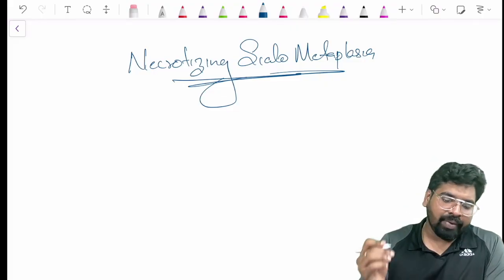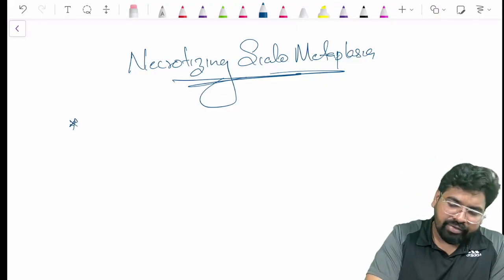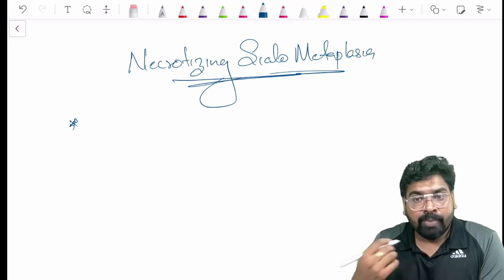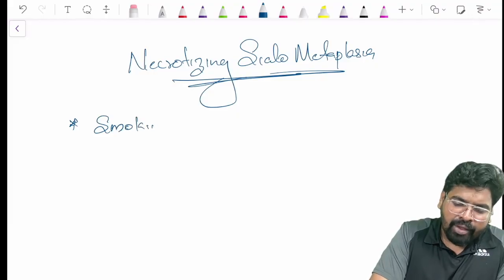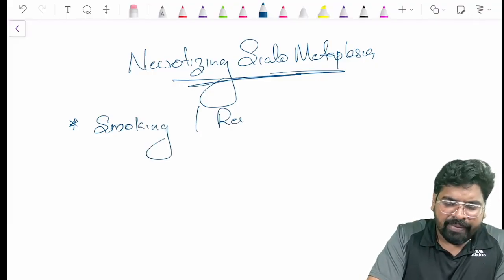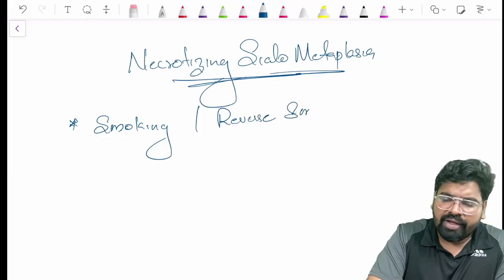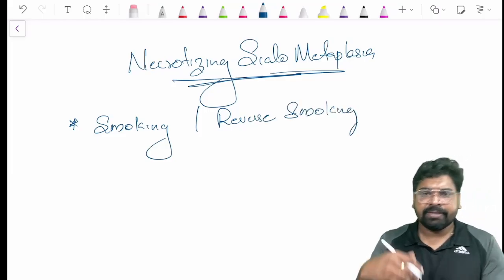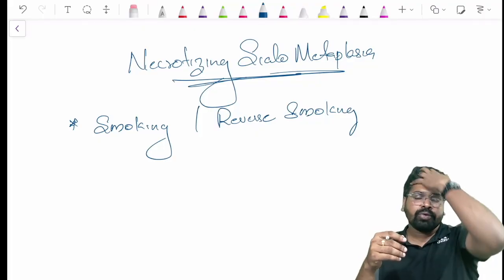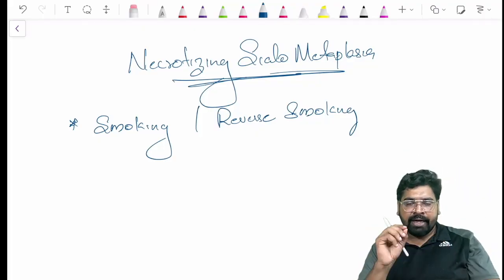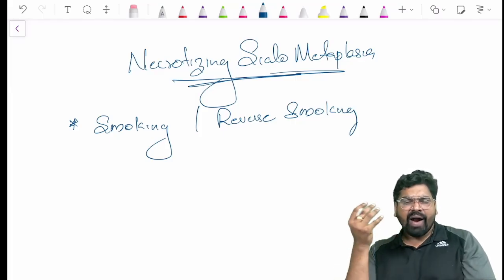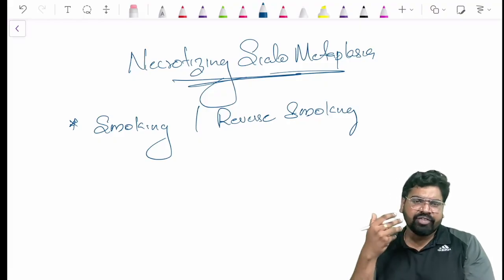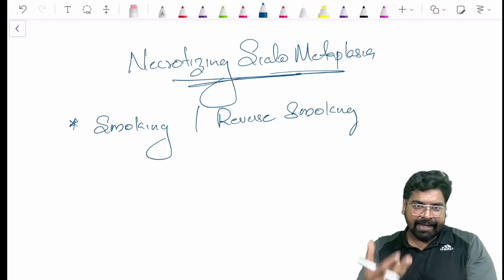Here, this usually happens in a smoker, usually in reverse smoking. In reverse smoking, the person keeps the butt and the lit end inside the mouth and then smokes. What happens due to the heat and the smoke?